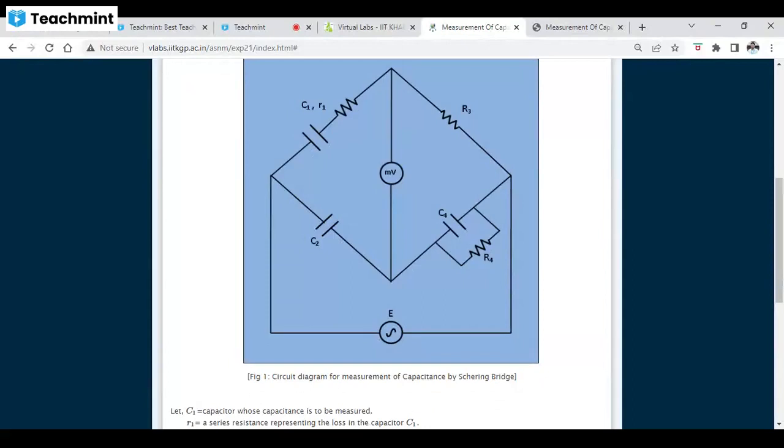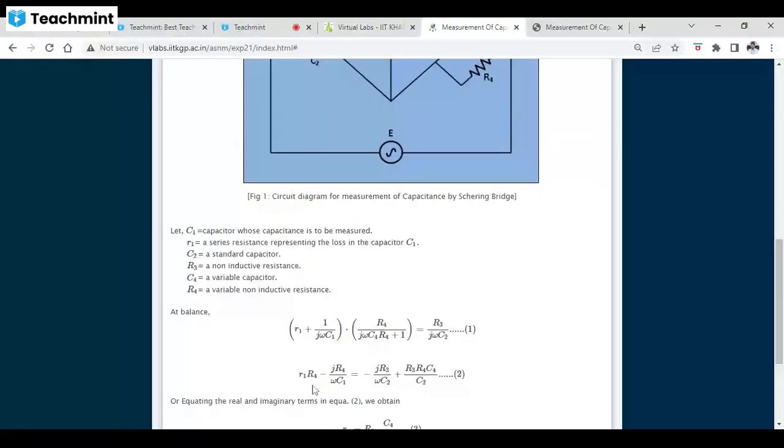Now the next step is equating the real and imaginary parts, and you get two equations.